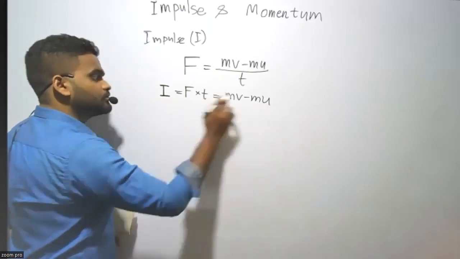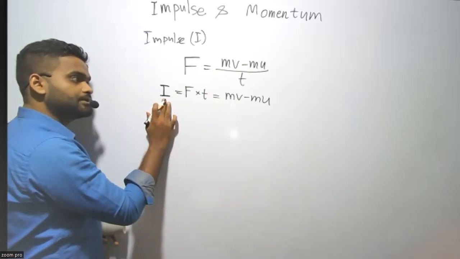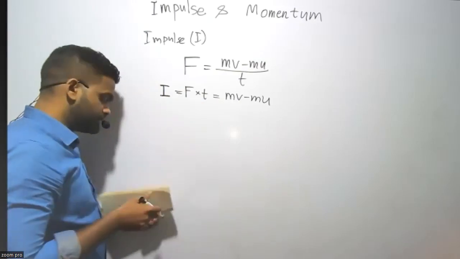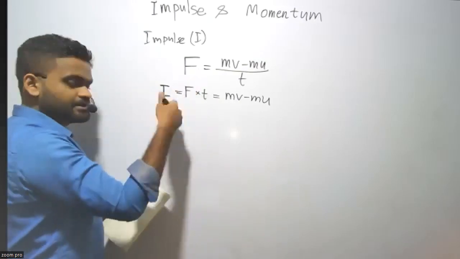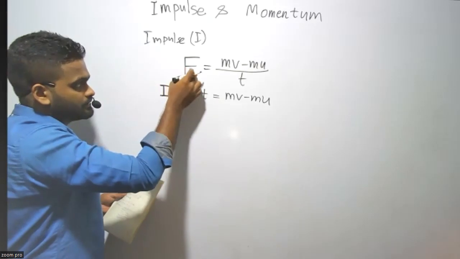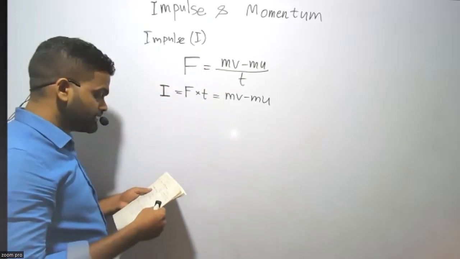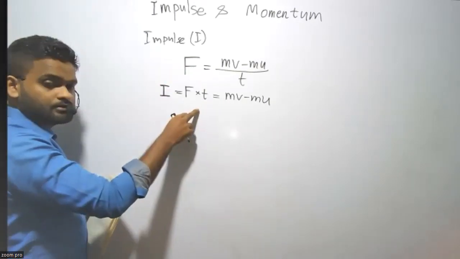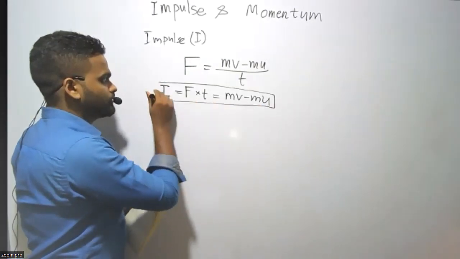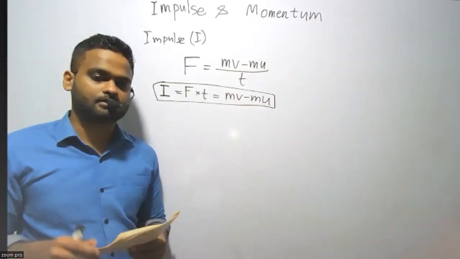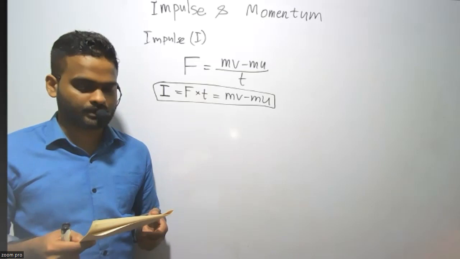Another term for change of momentum is impulse. We can also find that using F times t. So this lesson is actually an extension of F equals ma. Take this down, draw a margin to this. This is what we will be using when we do problems. Thumbs up if you got it.